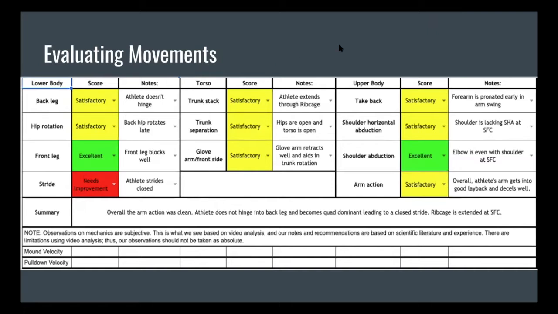With your torso, we want to see the trunk stack, the position of the trunk relative to the lower body or the pelvis, specifically at foot strike. Your trunk separation, or hip-shoulder separation, right? Typically, we want to see those hips and that pelvis partially rotated at foot plant with the trunk closed. Okay.